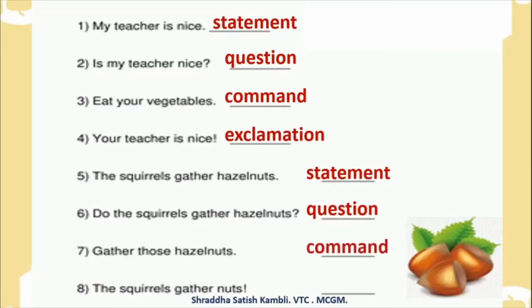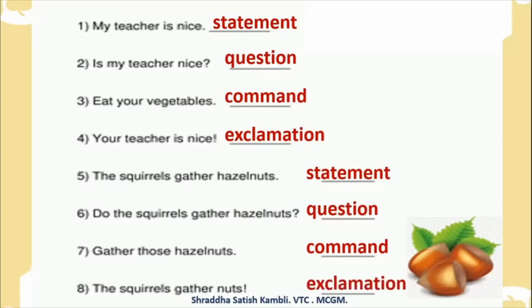You are asking someone to do something, you're commanding someone to do something. Finally, the last sentence. The squirrels gather nuts! So you're telling it with great joy, and you're loving the idea that squirrels gather nuts. Okay? So it is an exclamation.